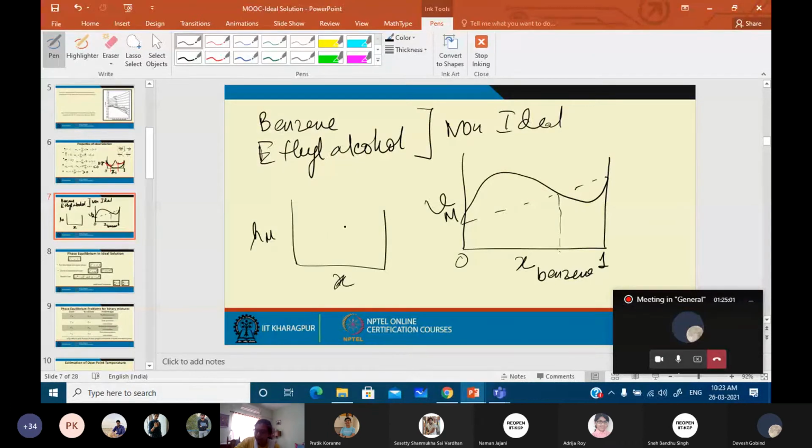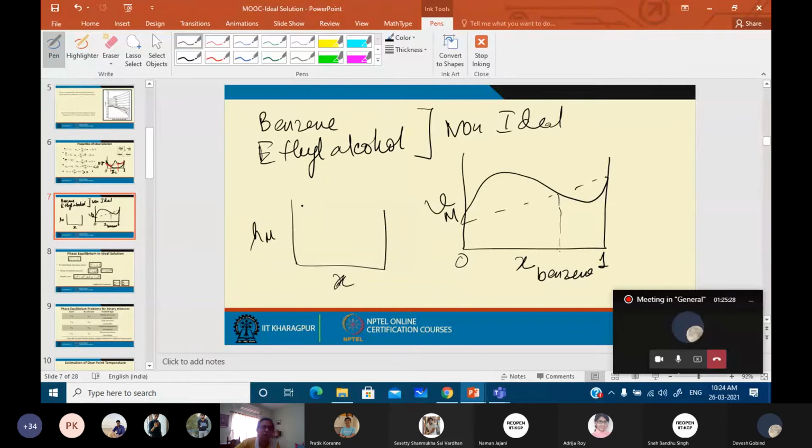There also, under certain compositions, you will find that the two components mix without any change of energy or any change of volume. That happens because just before the composition there was an increase in the volume, just after the composition there is a decrease in volume. So the test of ideality of any particular solution should be done at different compositions.